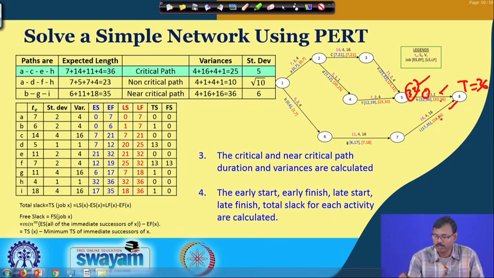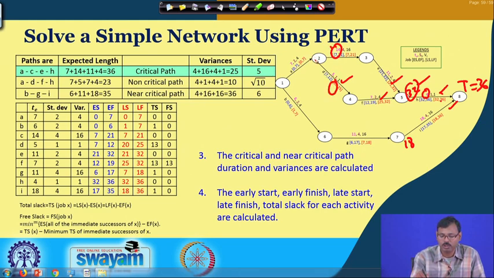Similarly, here we are getting 36 minus 18 is 18, and considering 32 for both the cases, you are finding that this is 21, this is 25, 32 minus 7 is 25, 32 minus 11 is 21, 21 minus 14 is 7, and here it is 25 minus 5 is 20. So, among 14 and 20, the latest one is 14.